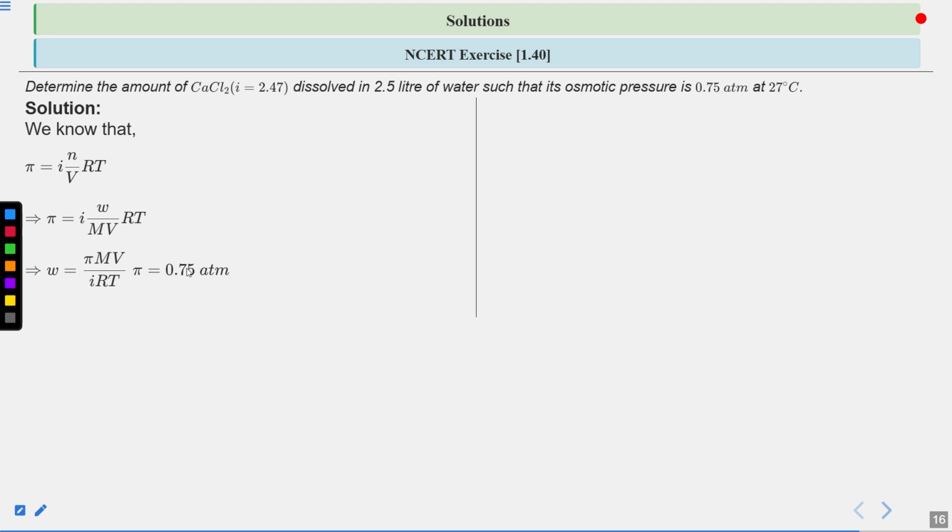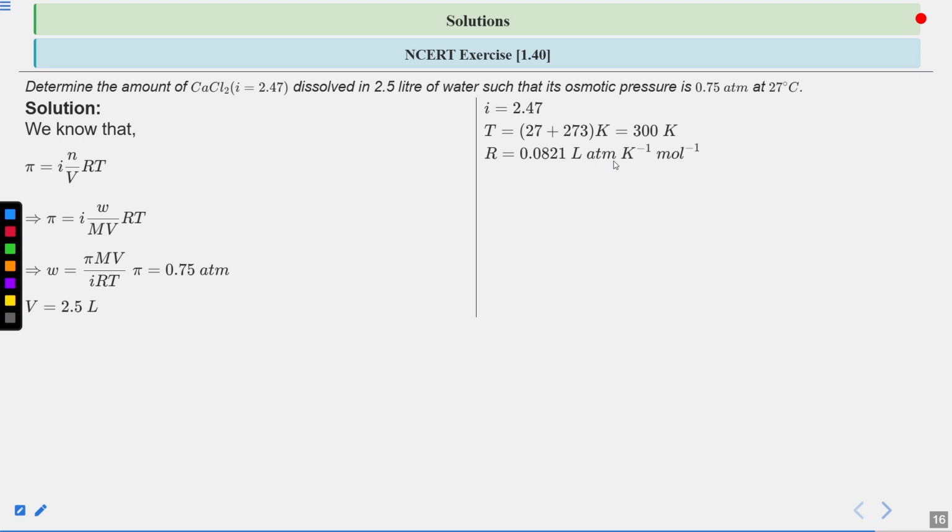So the pi value is given as 0.75 in the question. And the volume is 2.5 liter. And the i value is 2.47. So we have to first convert the temperature into Kelvin, which is 300 Kelvin.